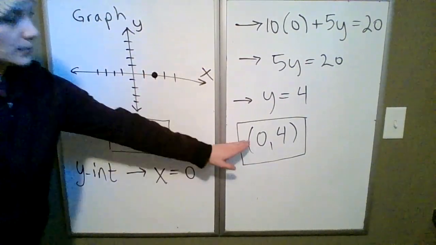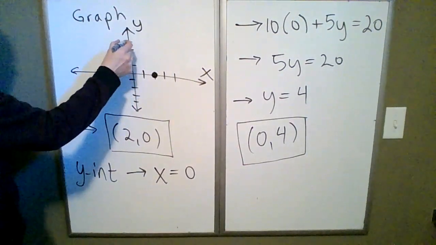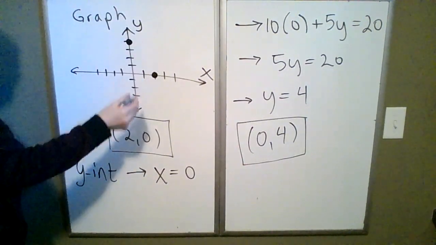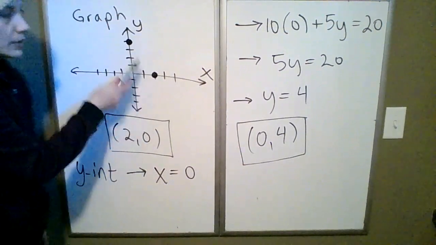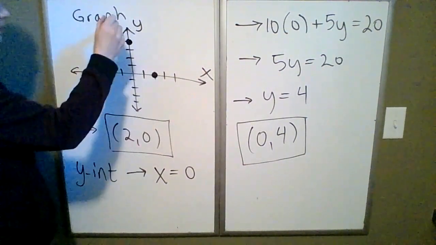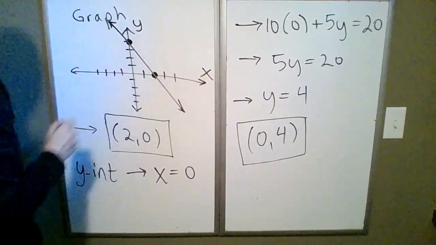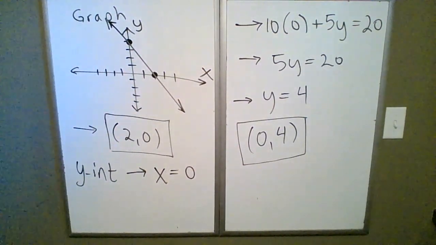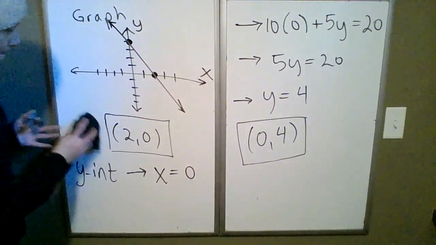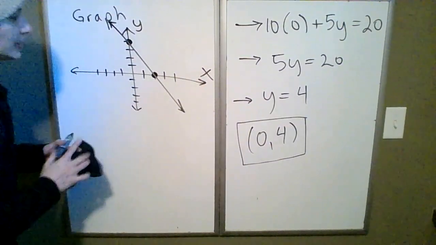And 0 for x, 4 for y. Those are 2 points on the line, so just connect them. Label this point.